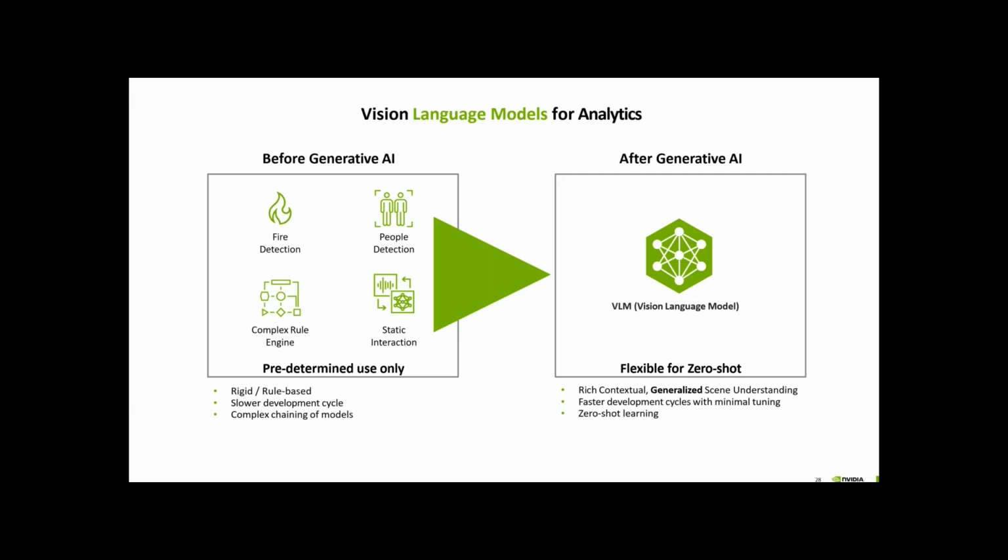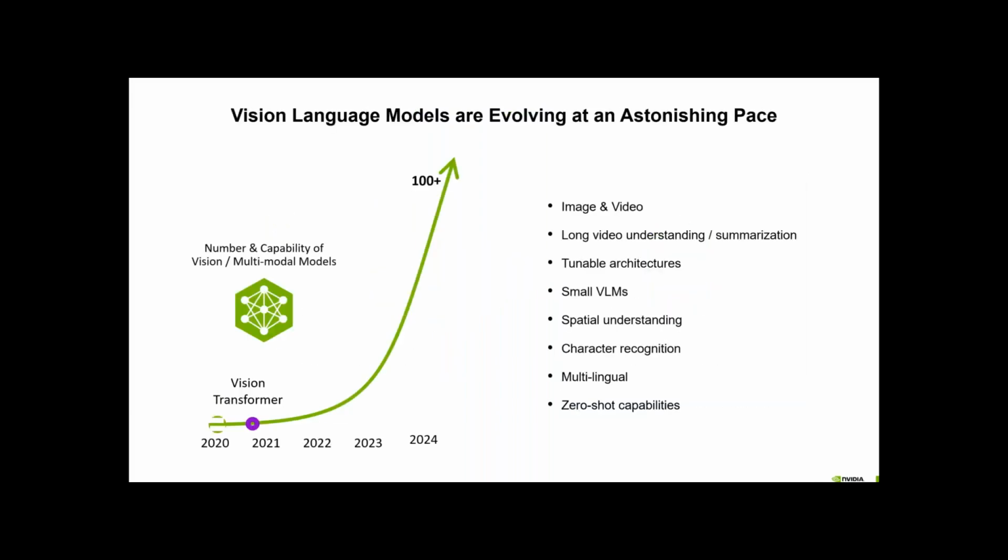And so what we see at NVIDIA is that VLMs are really taking off. And if you have paid attention to what's happening in the industry, vision language models are evolving at an astonishing pace.